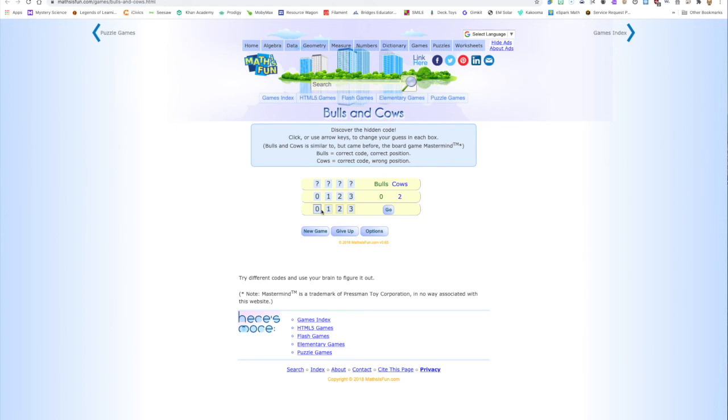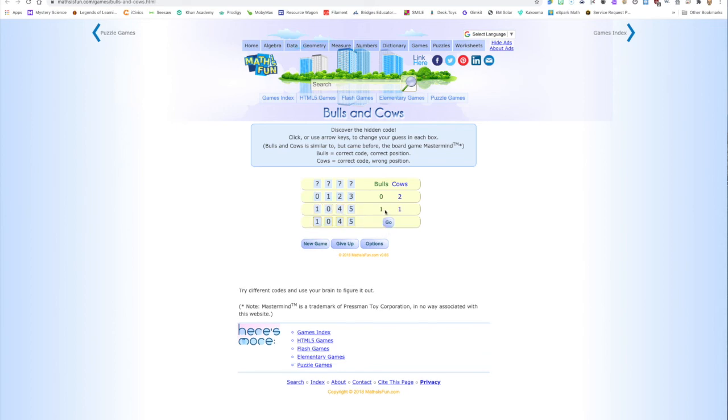So maybe I'm going to change and go 1, 0, and then I'll go 4, 5, and see. Ooh, so now I have 1 right and 1 wrong. And you just keep doing that and using strategies until you get all 4 correct. The goal is to get it in the least amount of tries possible. Then take a picture, screenshot, and upload it to Seesaw.